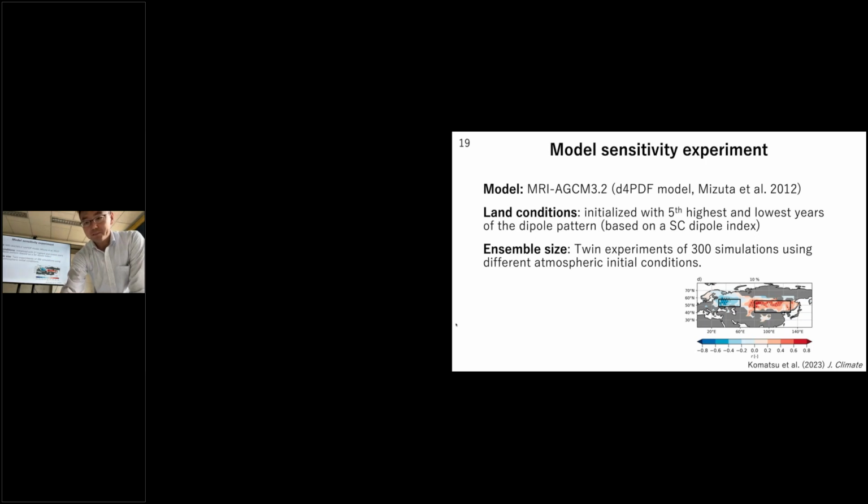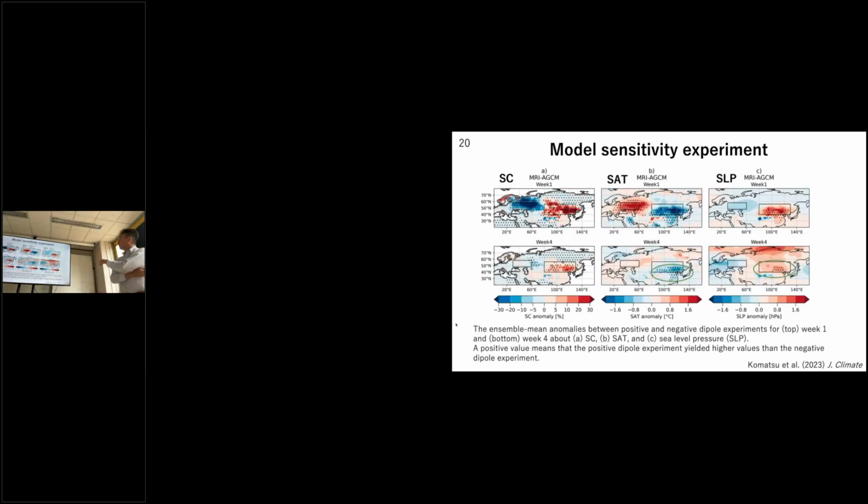So here are the results. The top panels show the results for week 1, and the bottom panels show the results for week 4: the anomalies of snow cover, surface temperature, and sea level pressure. In the first week, we see some anomalies, but now I would like to focus on week 4.